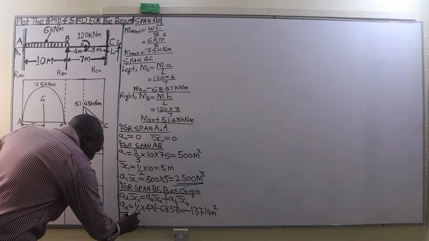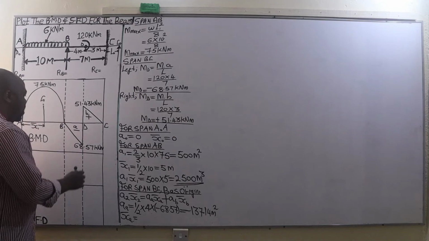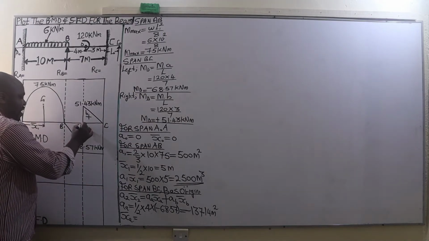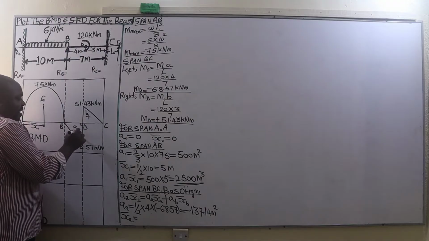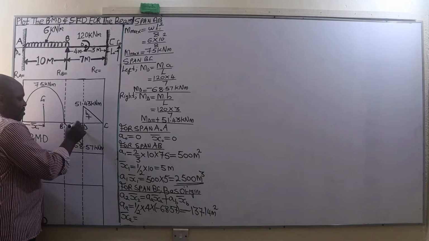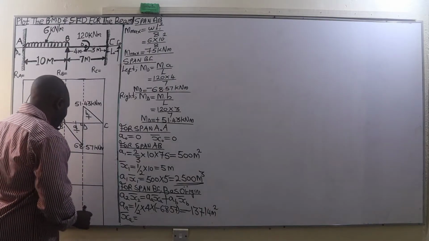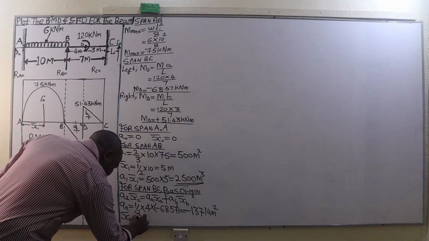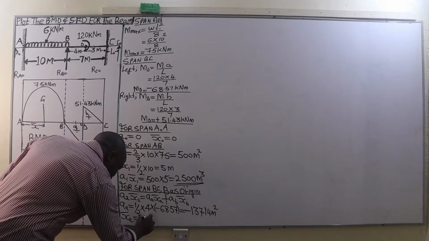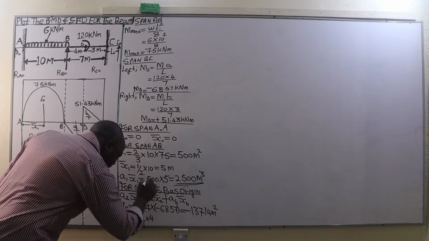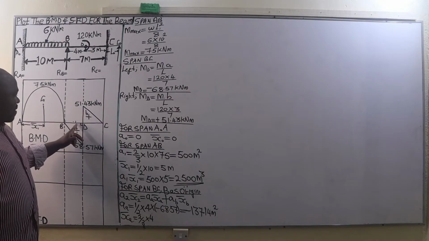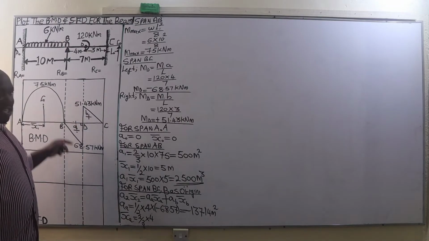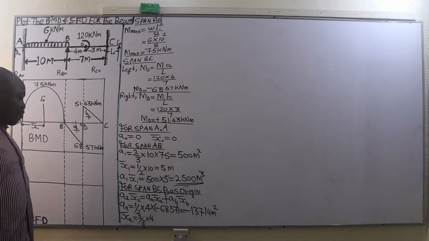Then we need the value of bar XA. This is the 90 degrees corner. So from the center of gravity of this triangle all the way to the end B, that distance will be given by 2/3 of the base of that triangle, which is 4. The other part is usually given by 1/3 of the base, so the remainder being 2/3.